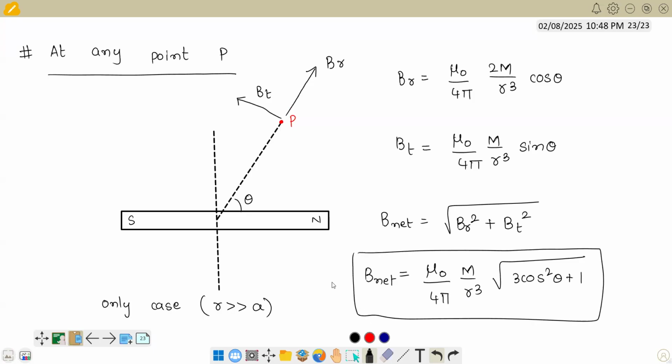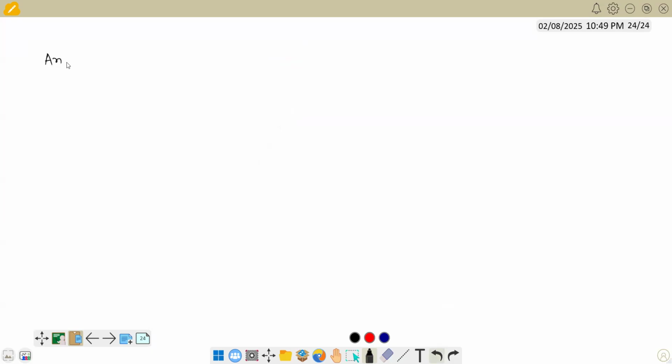But another important thing is there, once you get a resultant, let us say this is B net that you got. What is the angle made by B net with the horizontal? What is the angle made by B net with B R? So the angle made by B net with B radial, let me call that alpha.